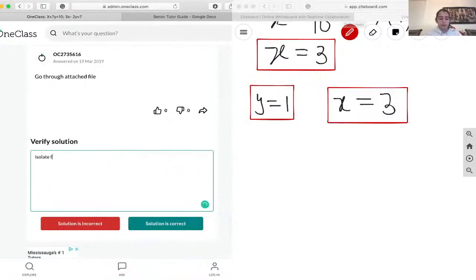So again, we just have to isolate for one of the variables. That'll be our first move to isolate for our variables.